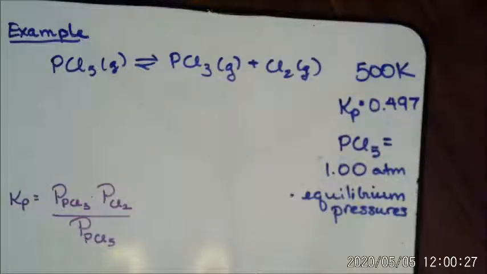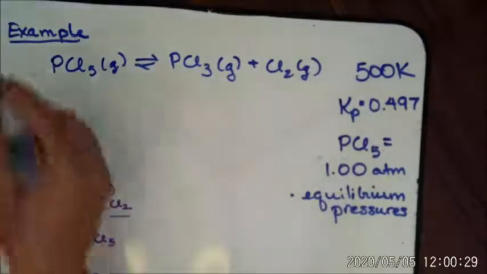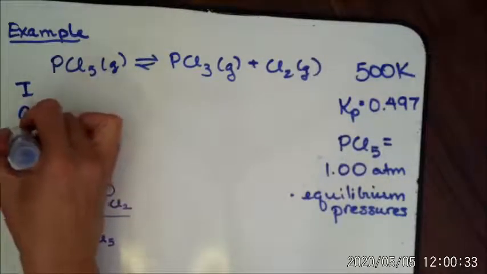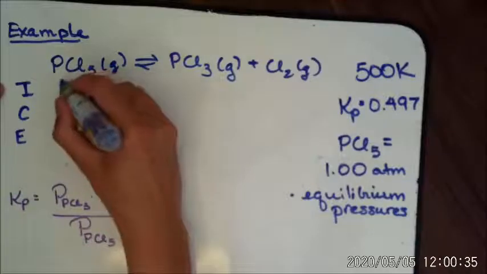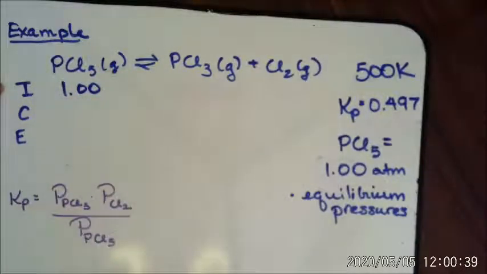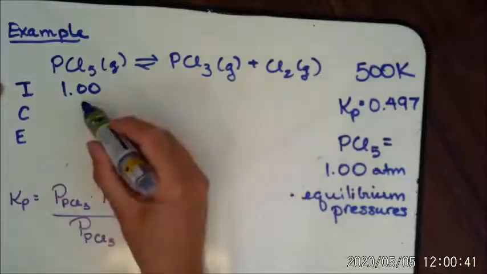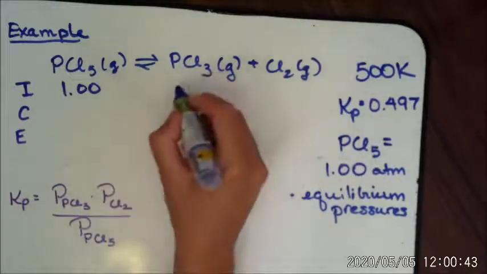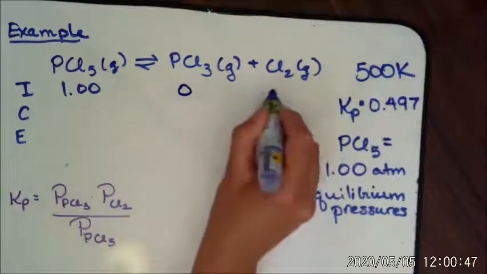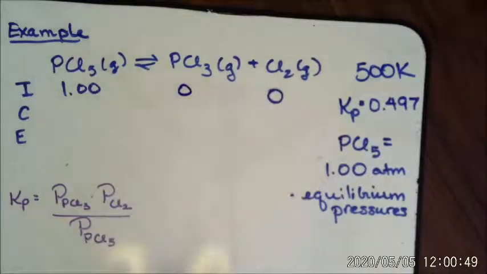We now need to fill in our ICE table. In this case, we're given everything in atmospheres, and that's what we're after, so this is good. We started off with just 1 atmosphere. You're not given any phosphorus trichloride, and you're not given any chlorine gas.